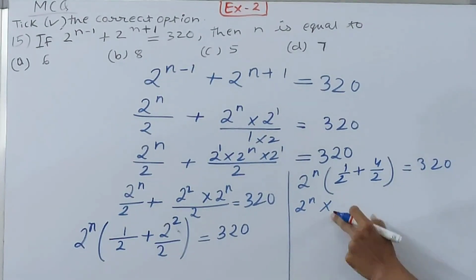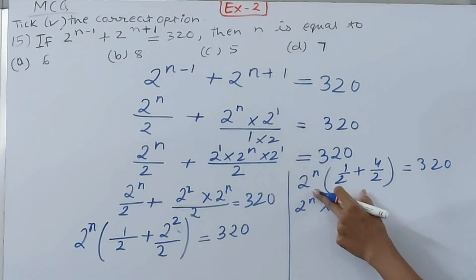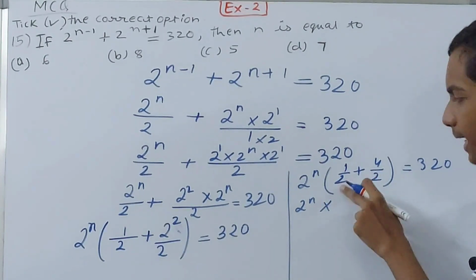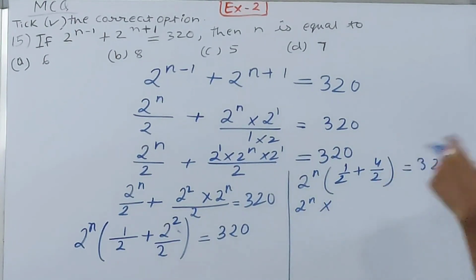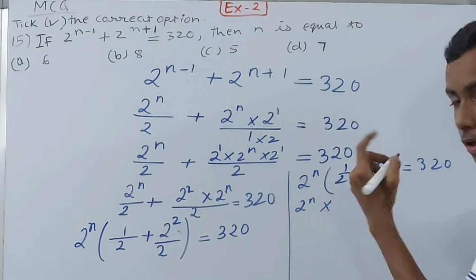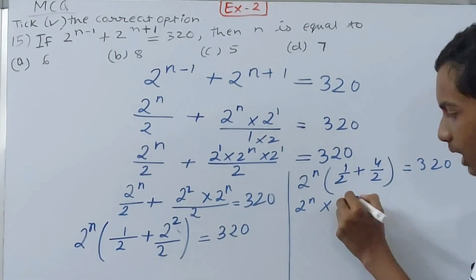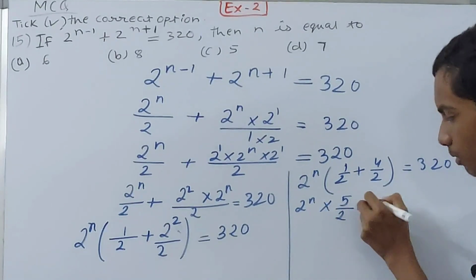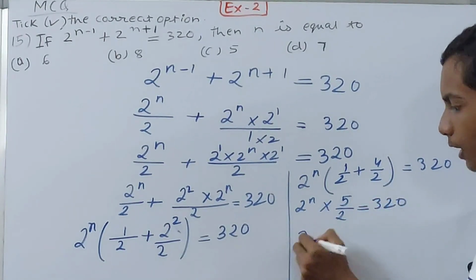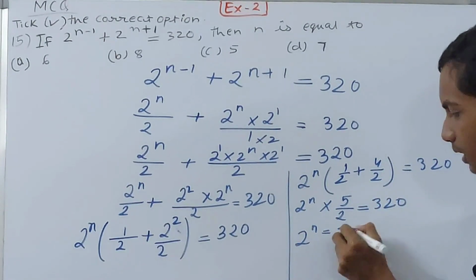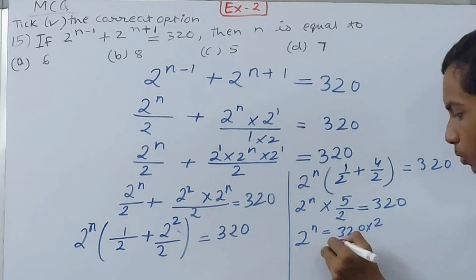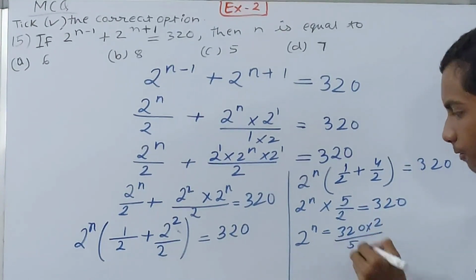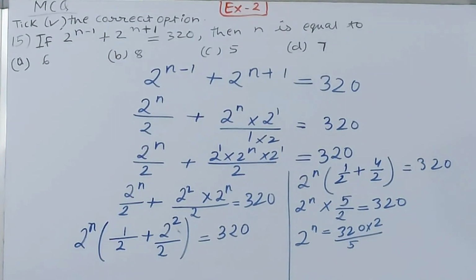Why am I doing into? Because there is no sign between bracket and 2, and you can see 2 in the denominator, so like fractions, we will add the numerators. 1 plus 4 becomes 5 by 2 is equal to 320. 2 to power n is equal to 320 into 2 upon 5. Okay, that is what it will be.